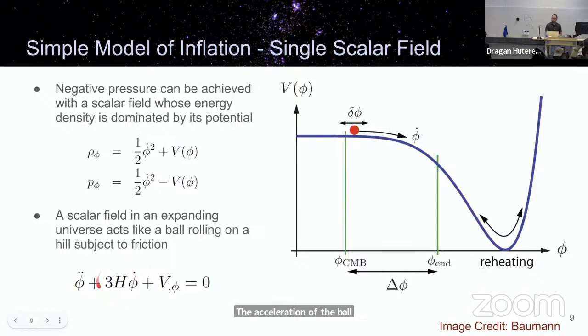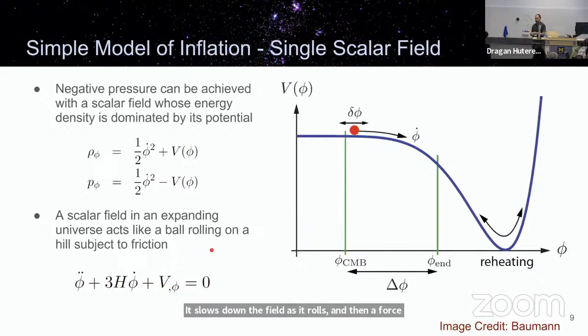This is the Hubble friction term. It is proportional to the field velocity, and that causes a drag. It slows down the field as it rolls. And then a force term, which is just given by the derivative of the potential with respect to the field. In other words, the tilt of the potential tells the field to roll.